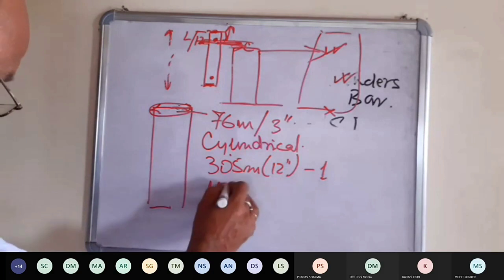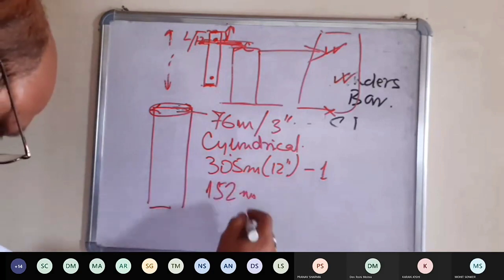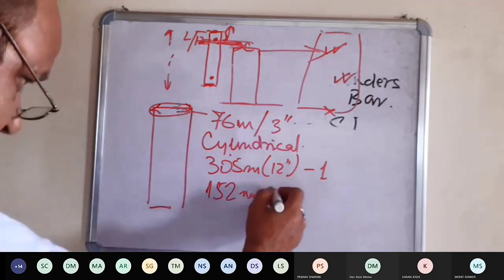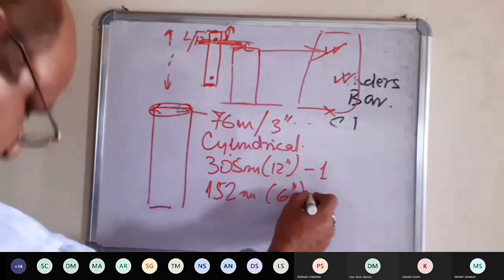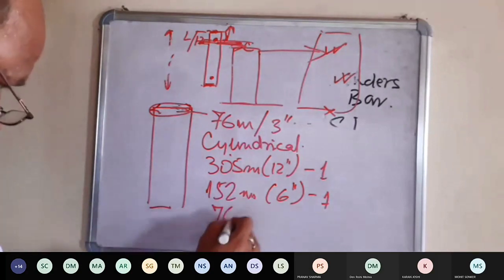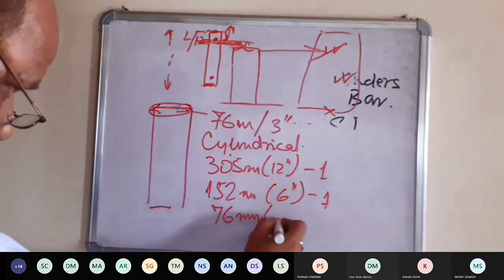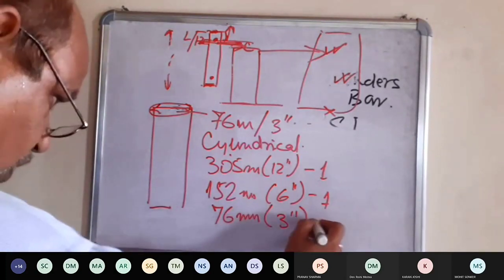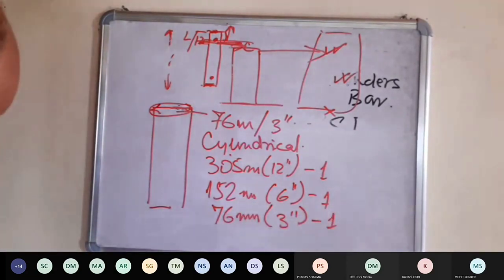Then we have 152 mm, which is 6 inches. That is also one bar. Then we have 76 mm, which is 3 inches. That is also 1 bar.